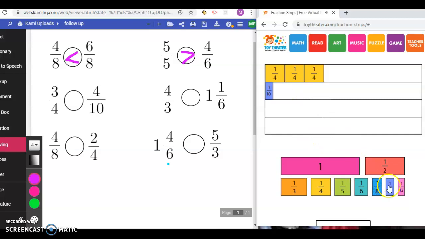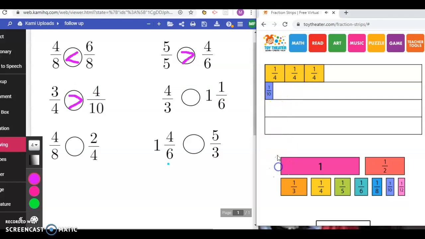Sorry. 2, 3, 4. So 3/4 is greater than 4/10. That's how some boys and girls get confused. Look how little those tenths are compared to those fourths. So 3/4 is greater than 4/10.